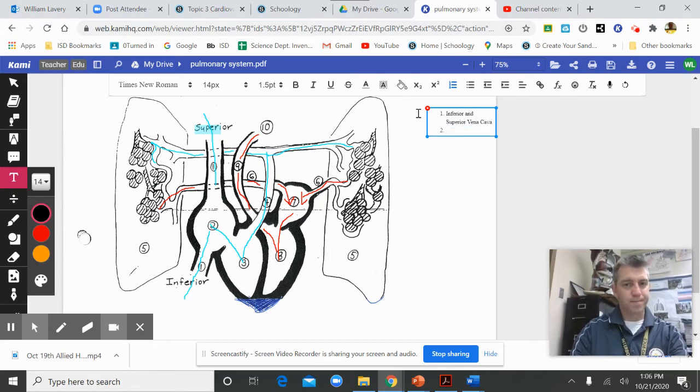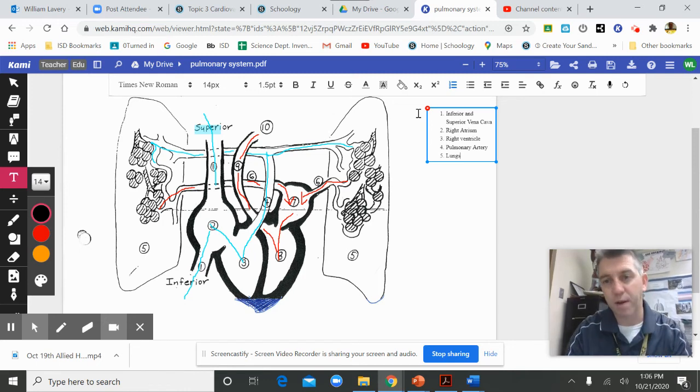Number two, that is the right atrium. Number three, the right ventricle. Number four, pulmonary artery. All right, and five is the lungs. Okay, the right and left lungs.